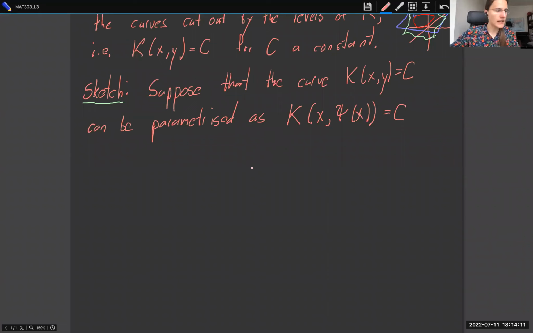So if psi is the function that satisfies this equation, then we can consider the expression d/dx, because this is just a function of x now, of k of x, psi of x.